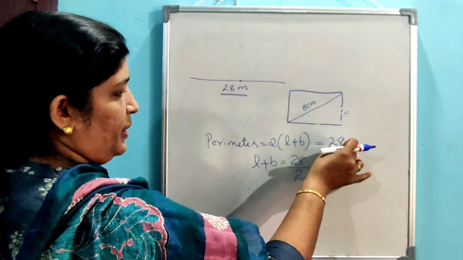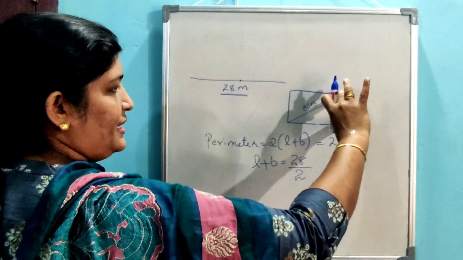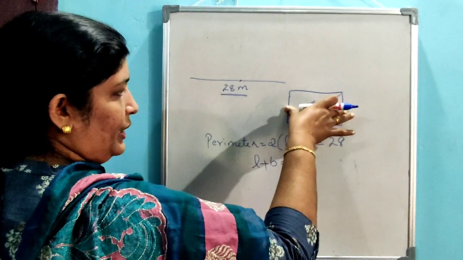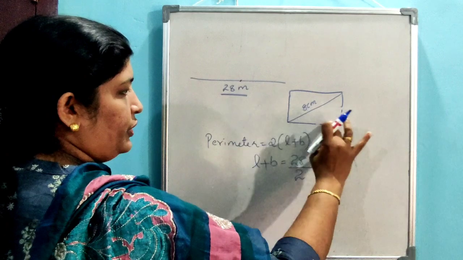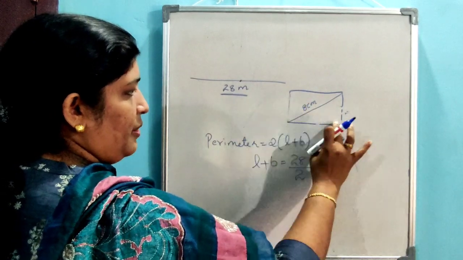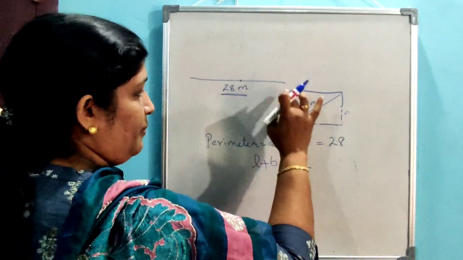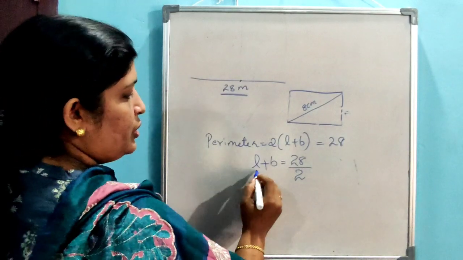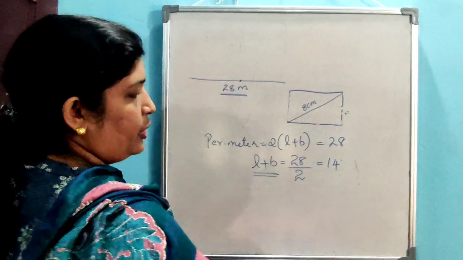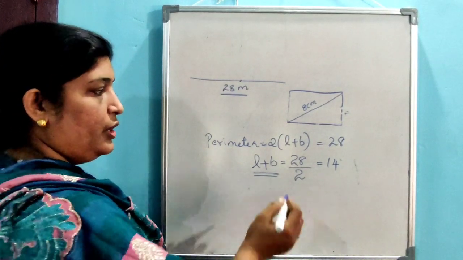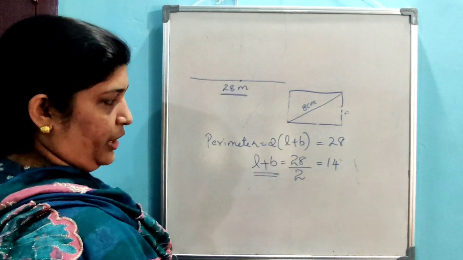Half of the perimeter is equal to 1 length plus 1 breadth, since 2 length plus 2 breadth is equal to the total perimeter. So length plus breadth is equal to 28 by 2, that is equal to 14.